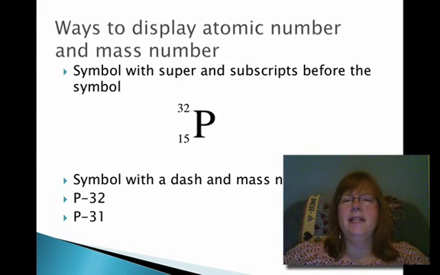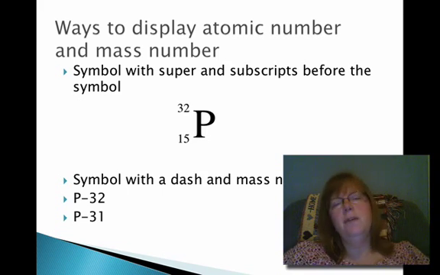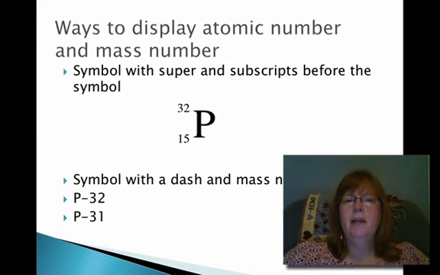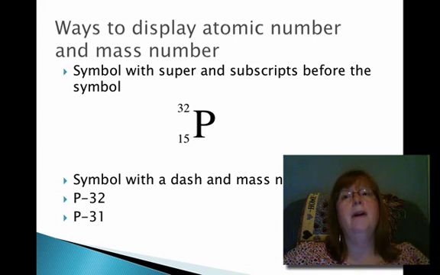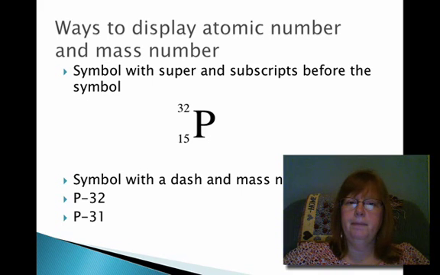Well, how do we display this? There are 2 different ways we can use. First of all, we can use our symbol from the periodic table. So we'll use phosphorus, capital P. And to the left of it, we've got this superscript 32. That's the mass number of this particular isotope. And then down below it is a subscript with the atomic number.